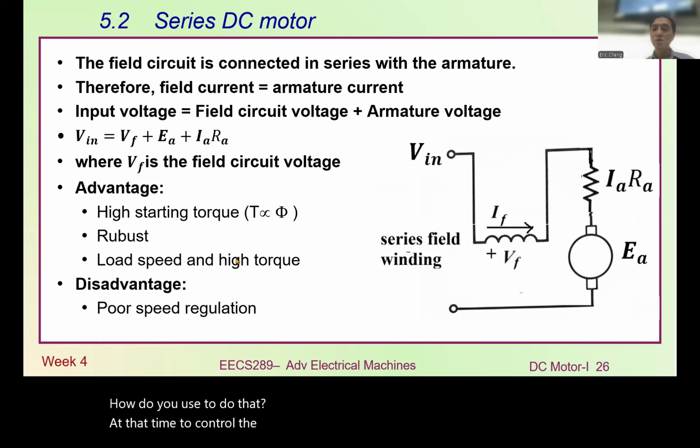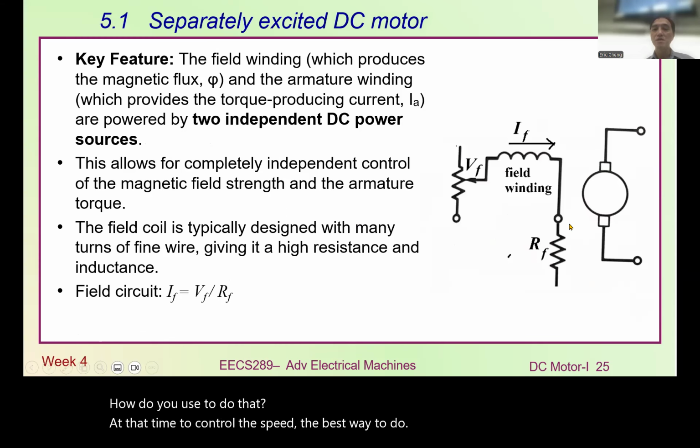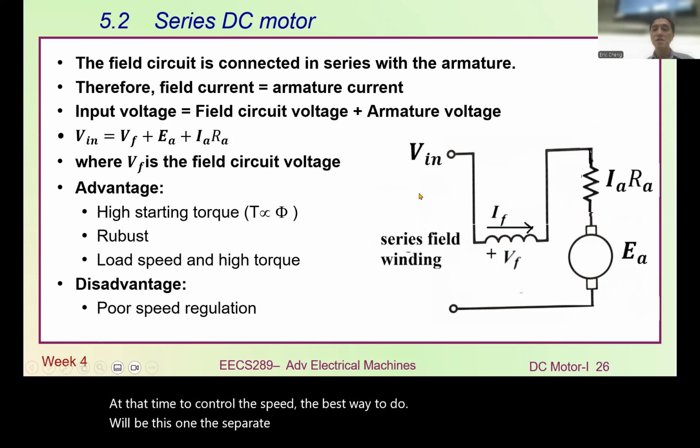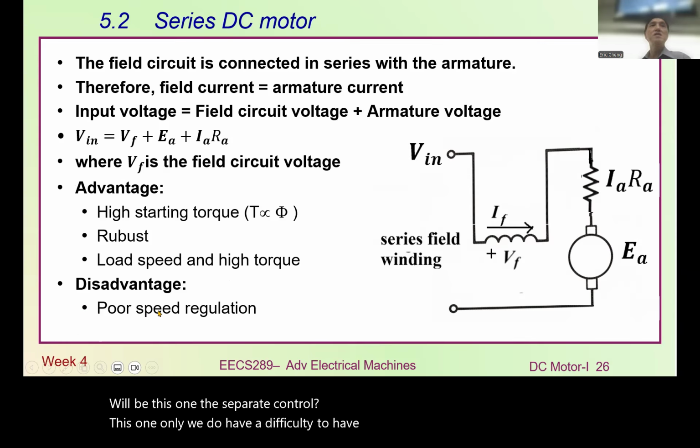The best way would be the separate control. With the series motor, we have difficulty getting really good, detailed control of the speed. The series motor was used in trains in the old days, but not anymore.